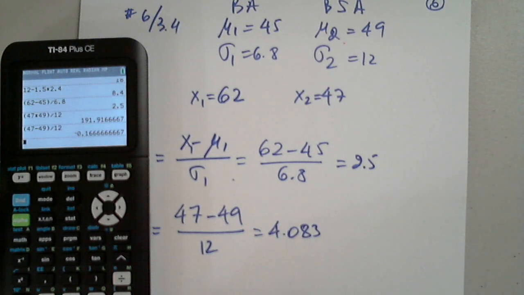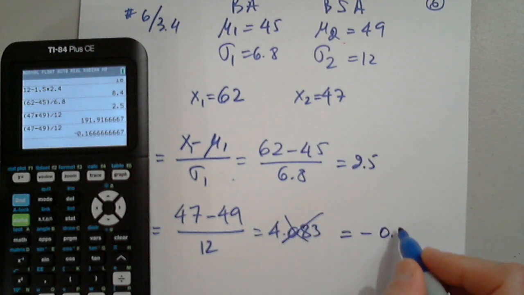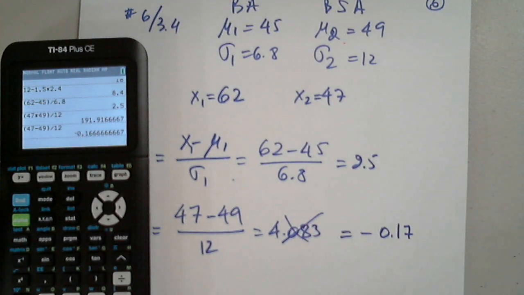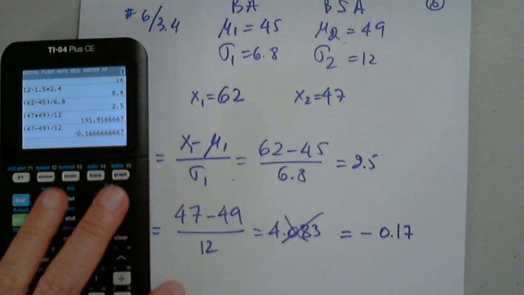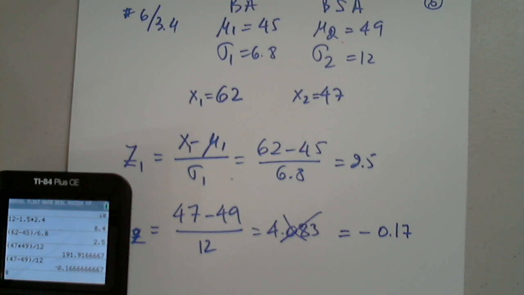So 47 minus 49 divided by 12 is negative 0.17. 47 minus 49 divided by 12. Okay, so minus 0.17.